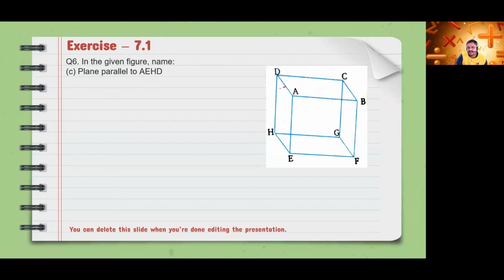AEHD means this plane. First we will mark that plane, then it will be more clear for us. Now look for the plane parallel to this, the plane directly in front. This is the plane in front. CBGF.